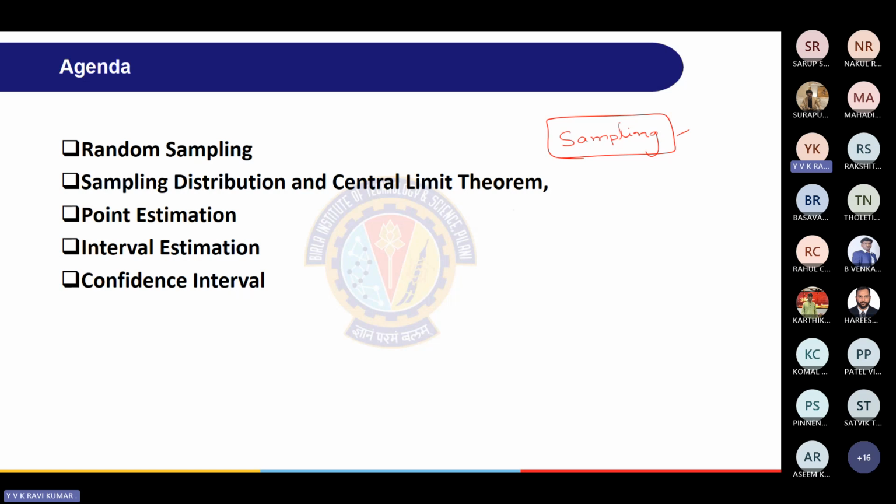So why do we need it? Not only this, the doctor's guy comes home and takes samples, blood samples, urine samples. And when we go to a sweet shop, he will give a small piece to taste. All these are nothing but sampling techniques.